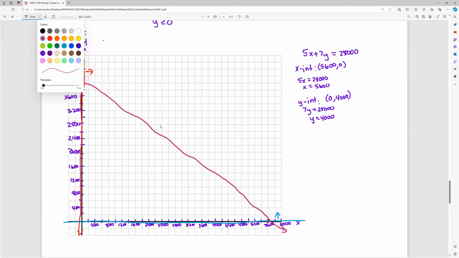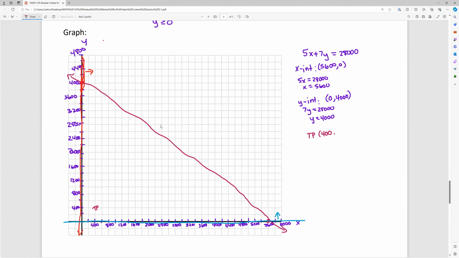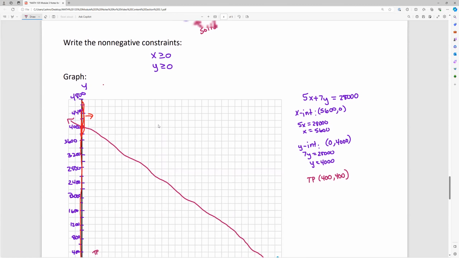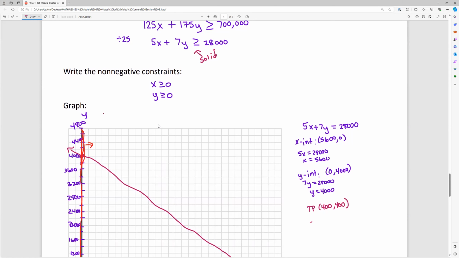So I'm going to pick a test point. Let's say (400, 400). That's a nice one. Plug that into our original inequality, which is right up here, the one we reduced down to. You can use the reduced form. 5 times 400 plus 7 times 400. Is that greater than or equal to 28,000?